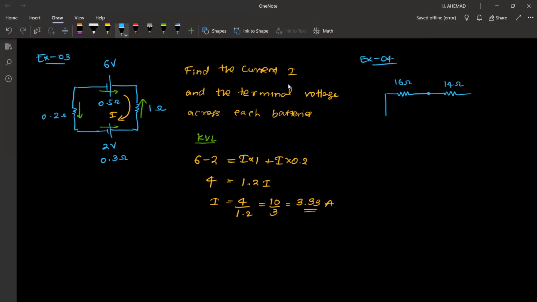And then we have two batteries, 10 volt and 25 volt. The question is to find what is the potential difference between these 2 points, V naught. Find V naught.